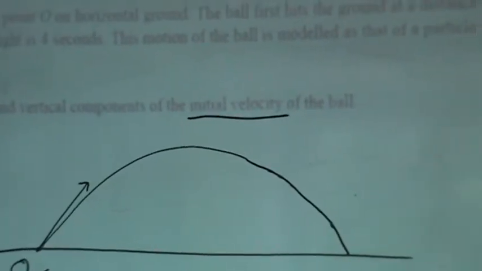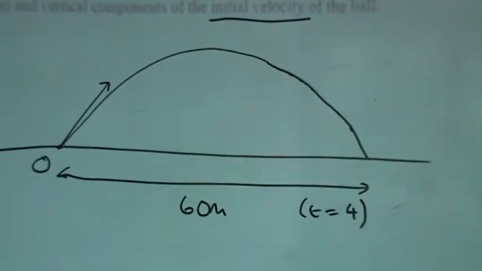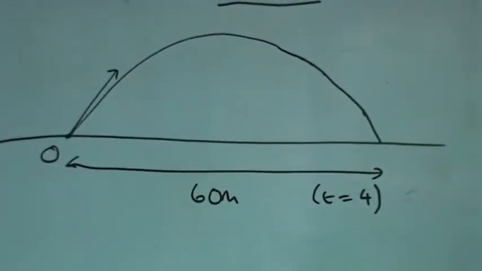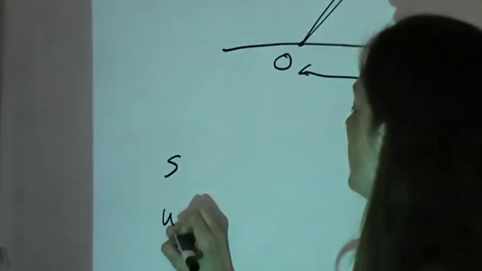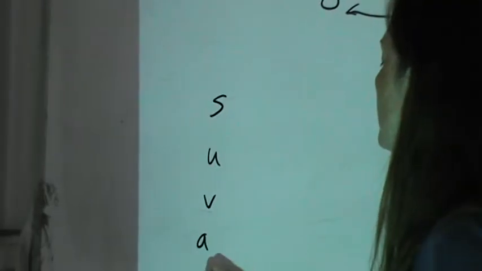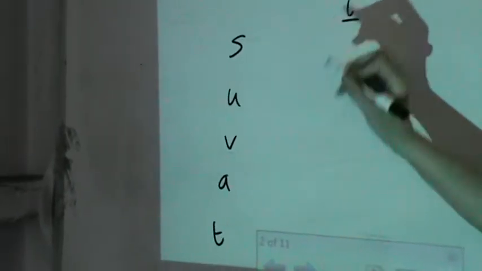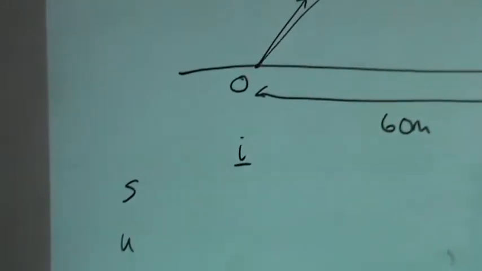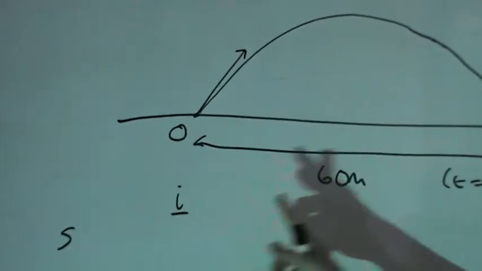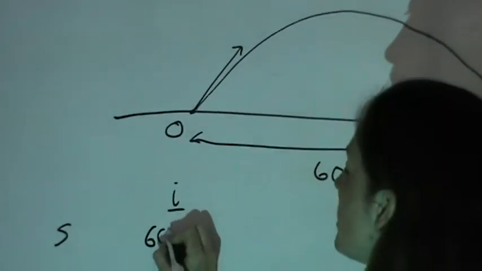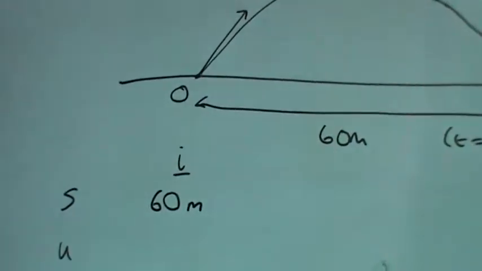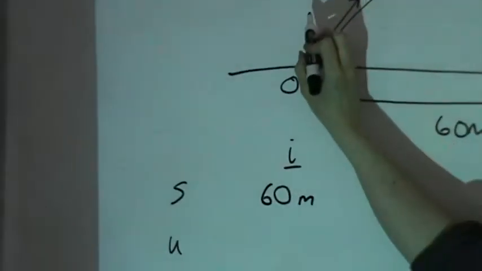I've drawn a picture. Now what I do for all of my questions is write out SUVAT and then fill in the details. So in the i direction, so horizontally, we know that we have got a total distance of 60 meters. Okay. We don't know what our initial velocity is.